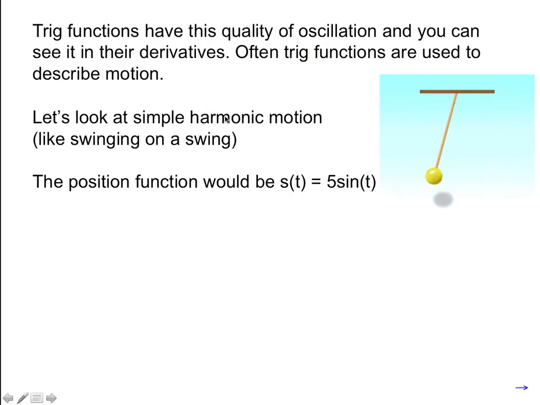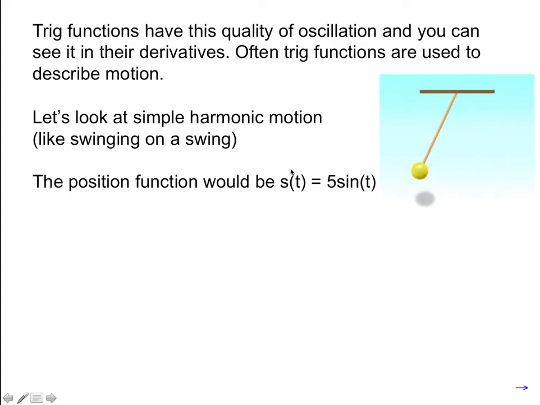And so likewise, here's another example of harmonic motion or oscillation, kind of like somebody swinging on a swing. So this pendulum motion also is something you can model with a trig function. So let's say that this swings back and forth by 5 centimeters to the left and 5 centimeters to the right.